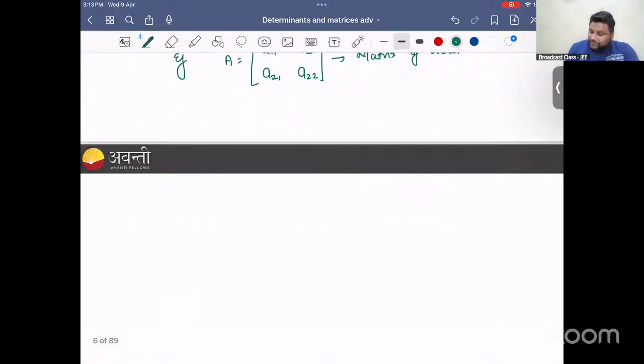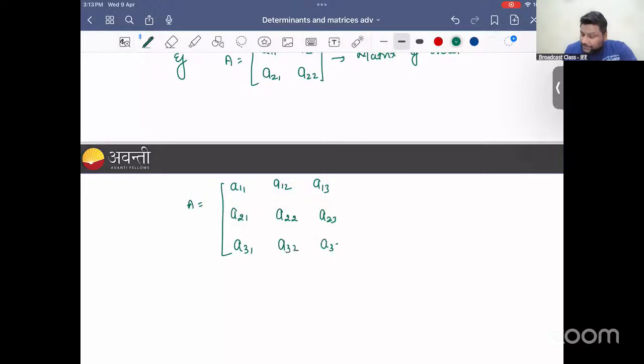Now, if there is a square matrix A11, A12, A13, A21, A22, A23, A31, A32, A33. Now see what are the different terminologies here.